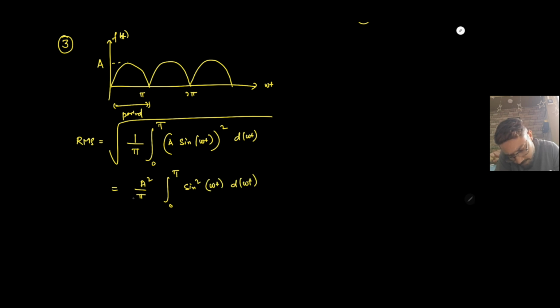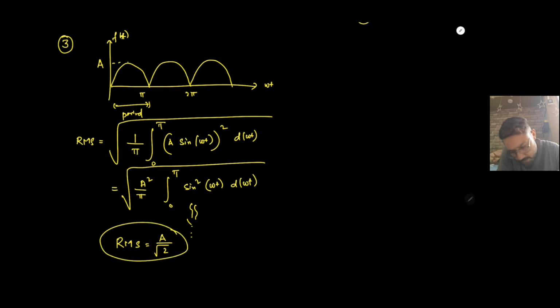We need to break sin square omega t as (1 minus cos 2 omega t) by 2. If you continue like this, you will get the RMS value as A by root 2. Fine.